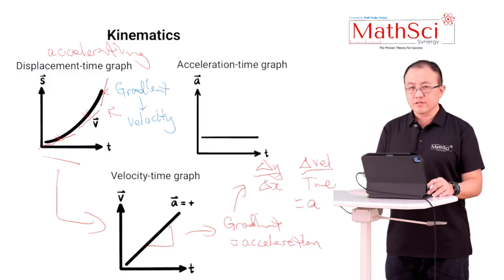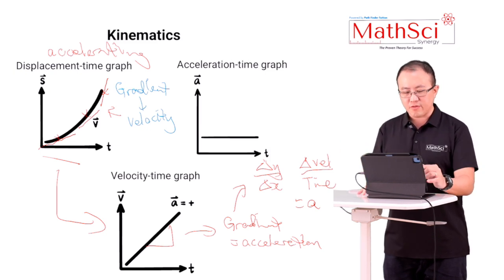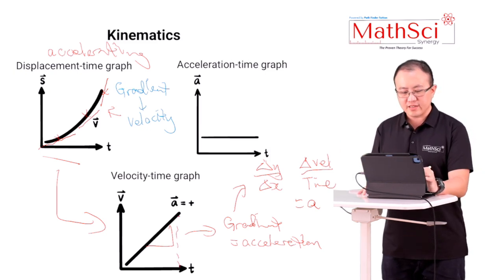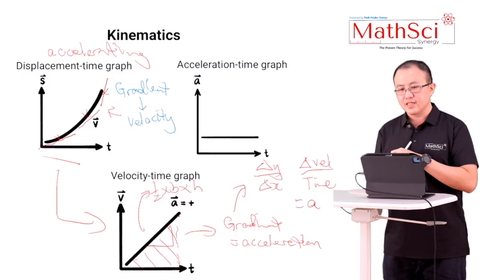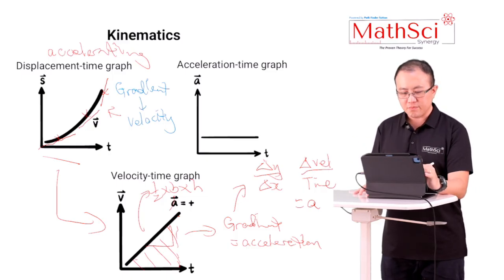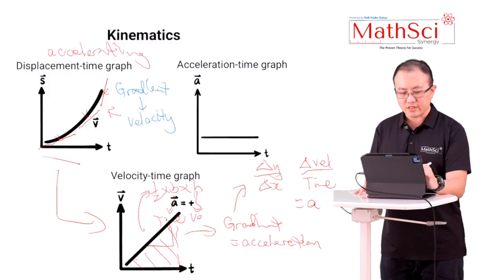Correct? So next, if you want to remember what the area under the graph represents, the area under the graph here is found by taking a half times base times height, isn't it? And not forgetting, your base is your time here, and your height is your velocity.